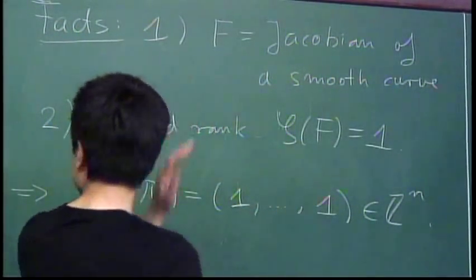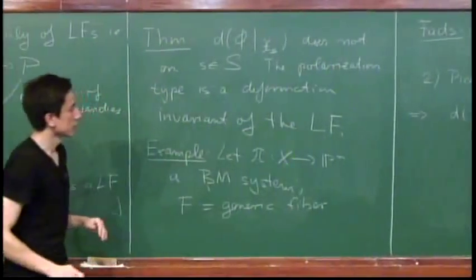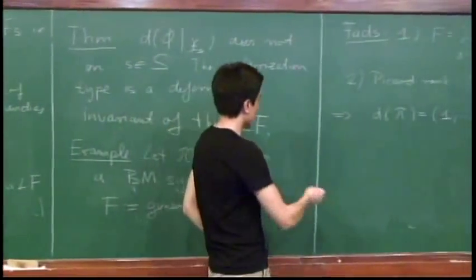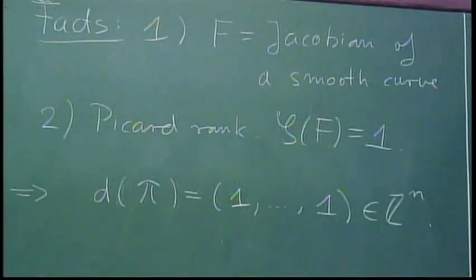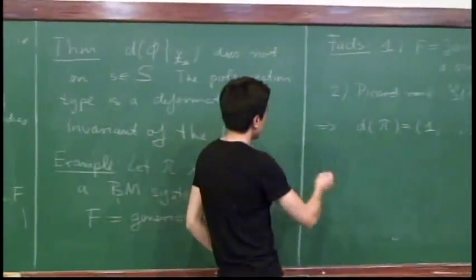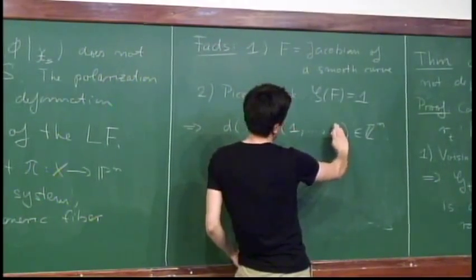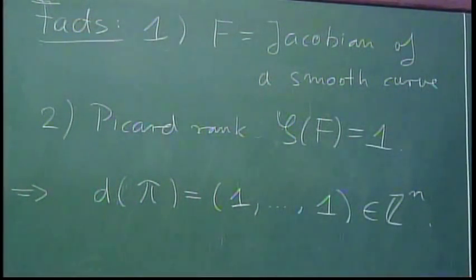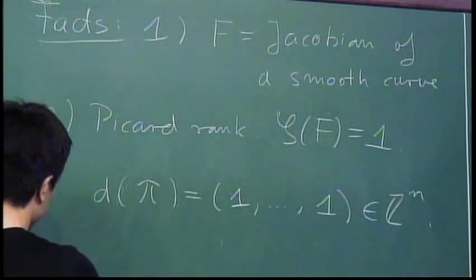And Mukai systems, where X is a K3^[n]-type manifold, are the modular Lagrangian fibrations, and there are very many Mukai systems. So the conjecture was this: in every Lagrangian fibration, X to B with X of K3^[n]-type, the associated polarization type should be principal.